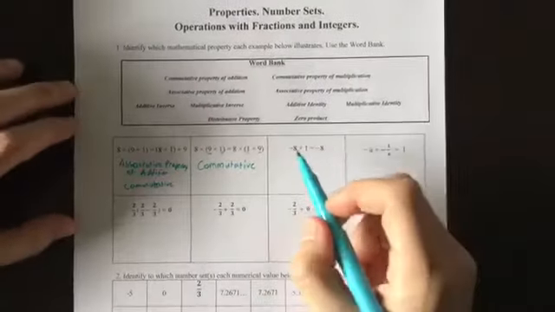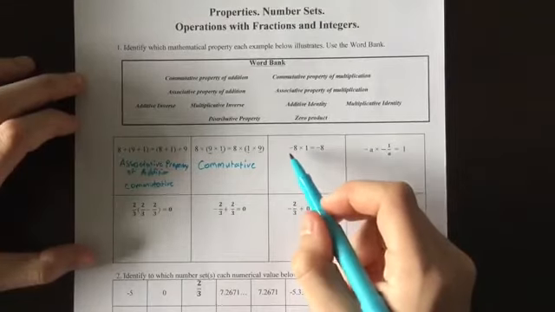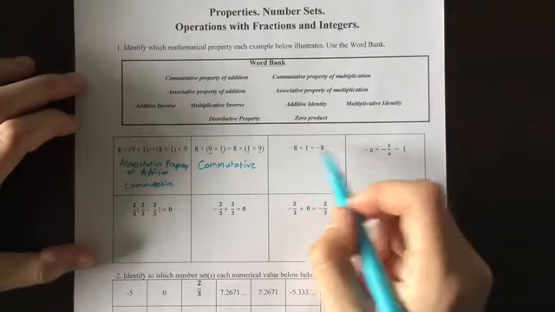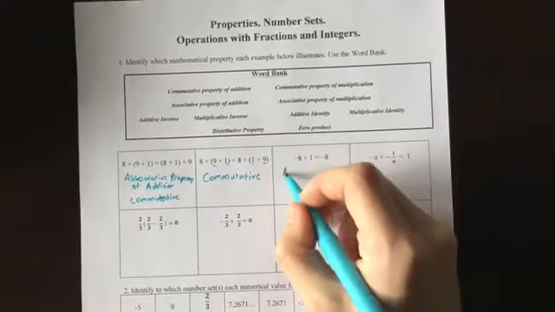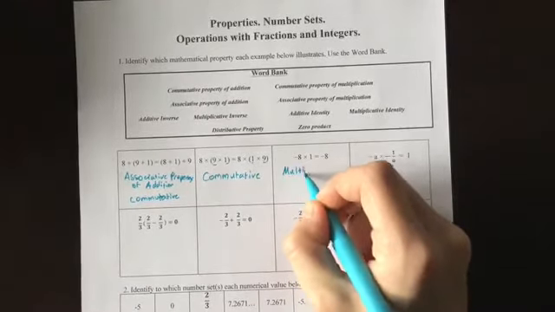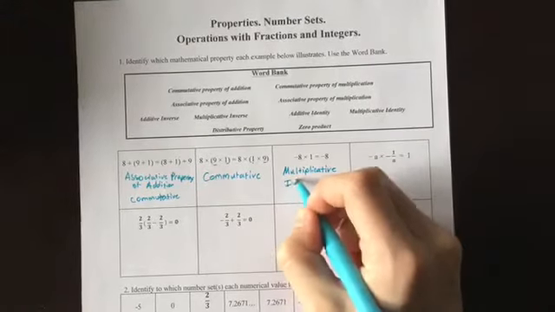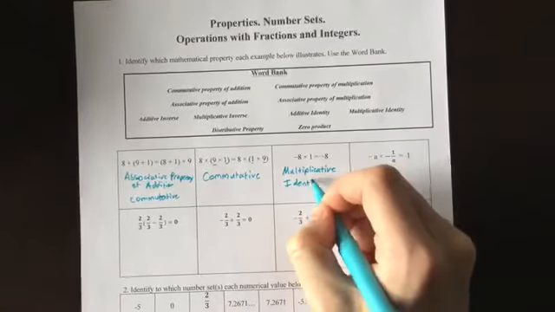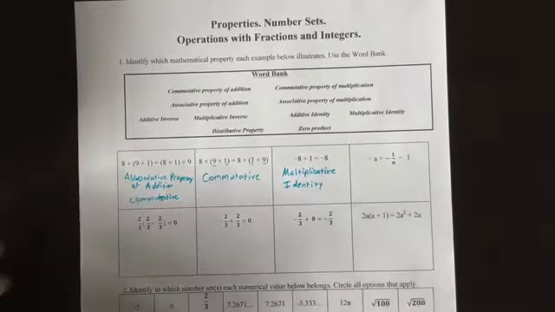That's fine there. Negative 8 times 1 equals negative 8. That's what we see here. We're multiplying. We're getting the same number. That's our multiplicative identity. Multiplying by 1, maintaining that same identity, multiplicative identity.